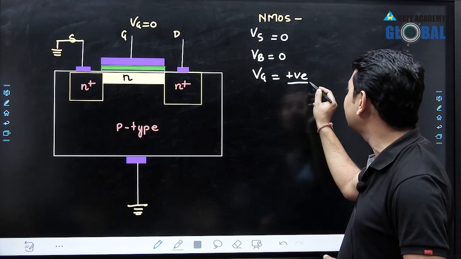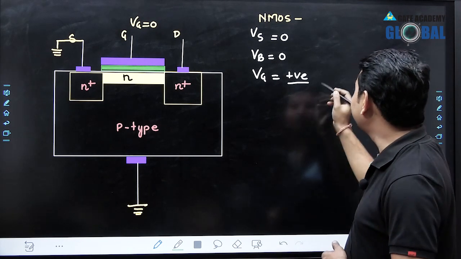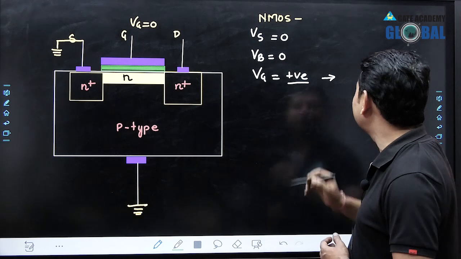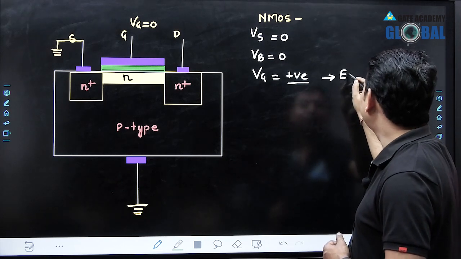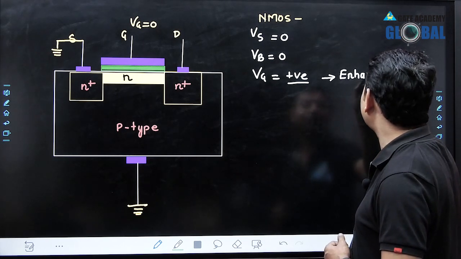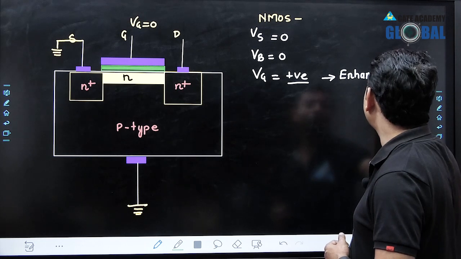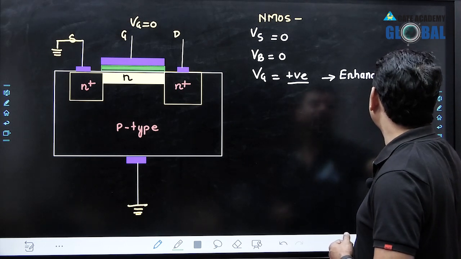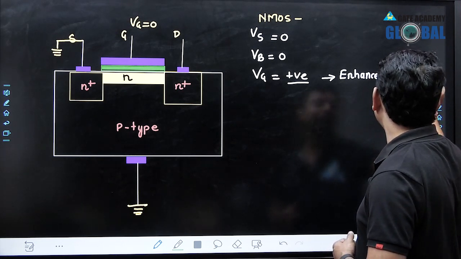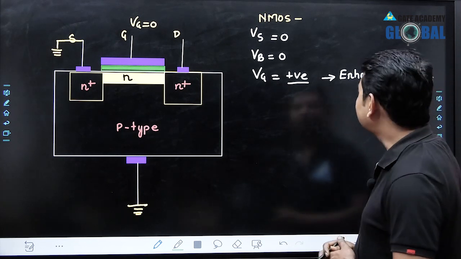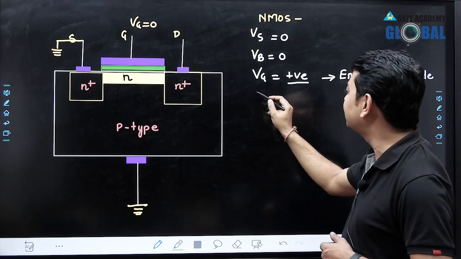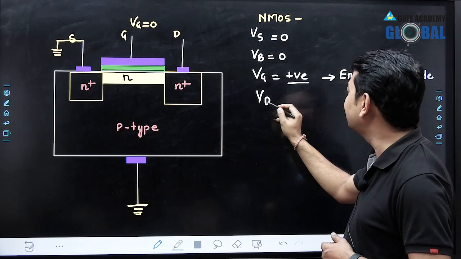That's why we are writing a positive voltage. And if it is a positive voltage, then the mode of operation is enhancement mode here, and the last one is nothing but the drain terminal voltage.